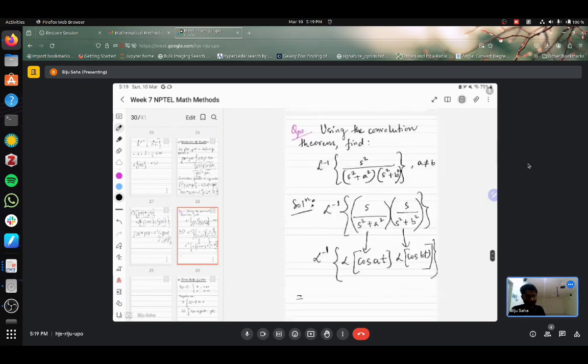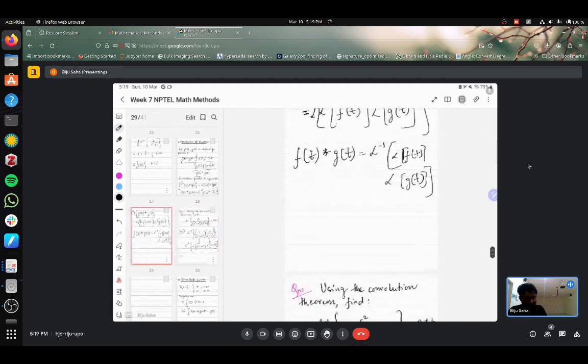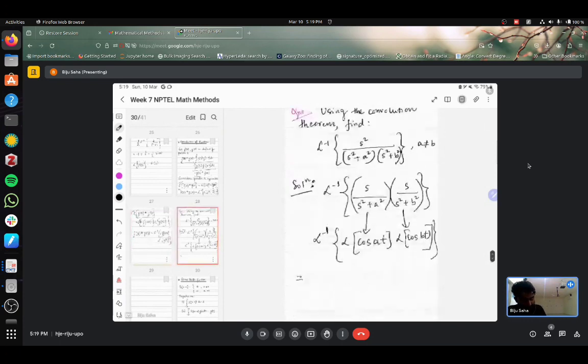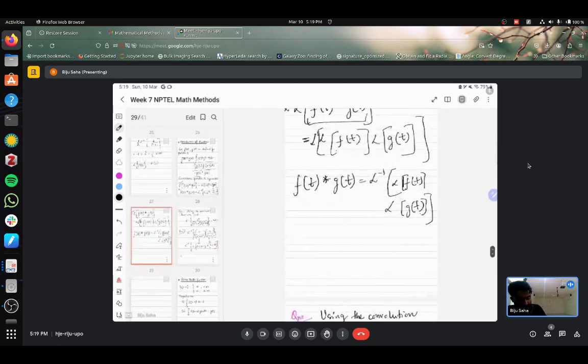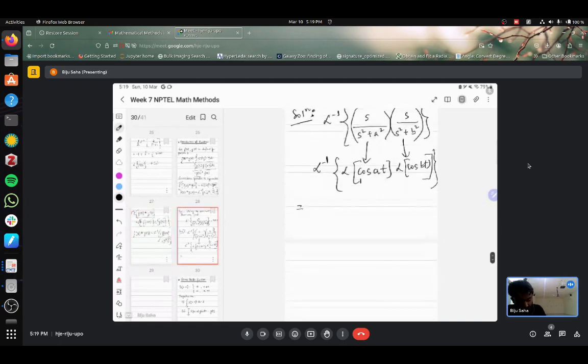So when you are asked to find out the inverse of this, from this property you know that this RHS is equal to the convolution of two functions. So here the functions are cos at and cos bt. So basically cos at convolved with cos bt.